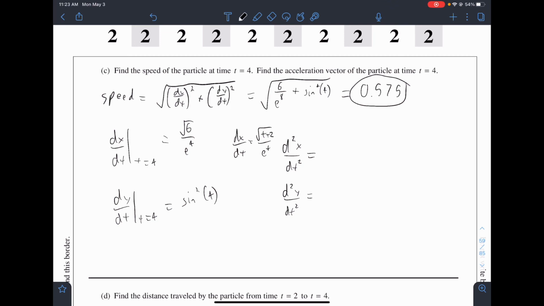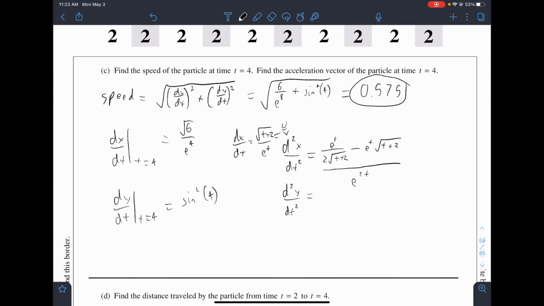So now we'll use the quotient rule here. We'll make this equal u over v, so we have u prime v, so e to the t over 2 times the square root of t plus 2, and then minus v prime u. And v prime is just e to the t, u stays the same as well, and then this will be all over v squared, so e to the 2t.